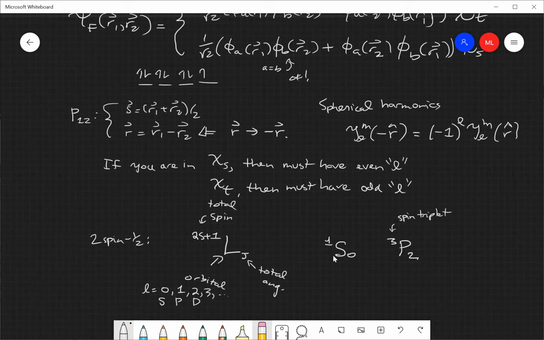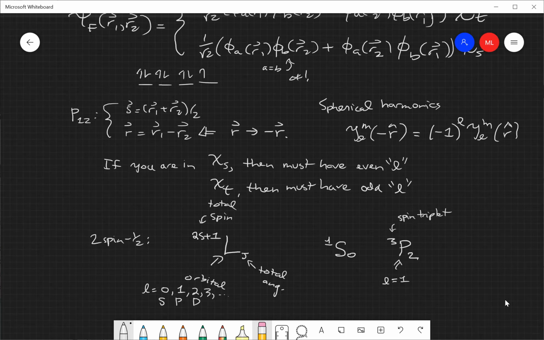Because s must be equal to 1. And this means that we're in the L equal to 1 state. So this fully describes the orbital angular momentum and the spin angular momentum states for two spin 1/2 particles. It's used frequently in chemistry.